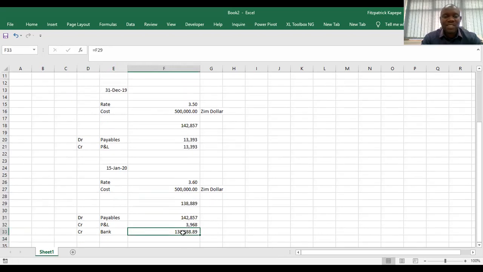So in case you're wondering, at any given time when you're passing these journals, it should balance, because if you're debiting, this is the amount, and if you're crediting, this will be the amount. It should always balance.